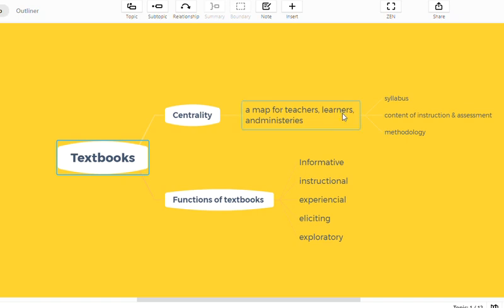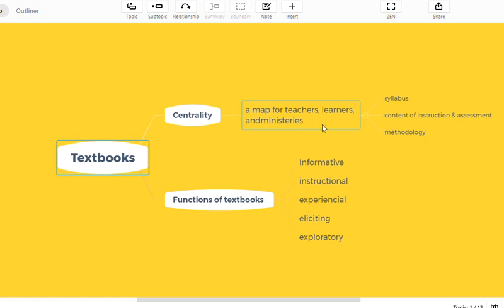So the decision makers, policy makers, and syllabus designers use textbooks in order to impose their ideas and force or convince or encourage the other stakeholders to teach in the ways they prefer.